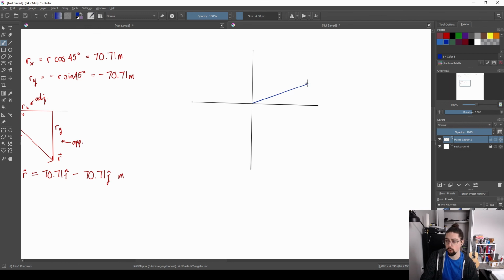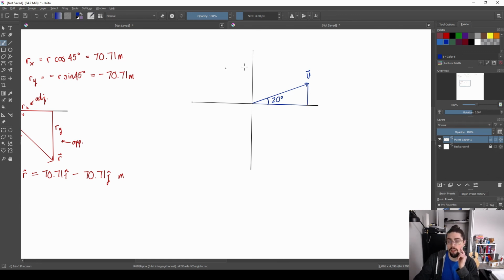Do this one in blue. Everything is at a slight angle, which is fantastic as always. That's my vector right there, and we said this is 20 degrees. Now looking at my components, I make a triangle.